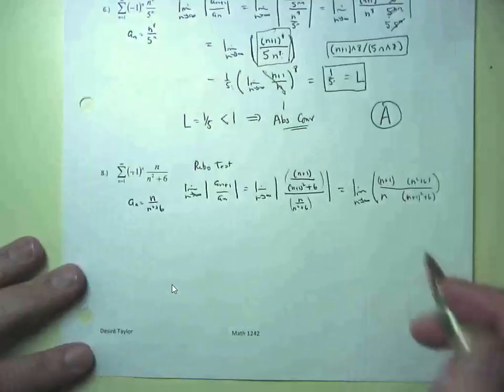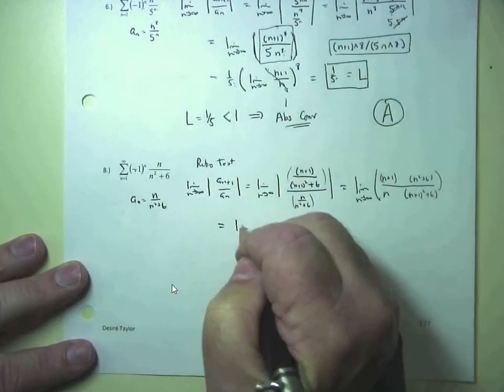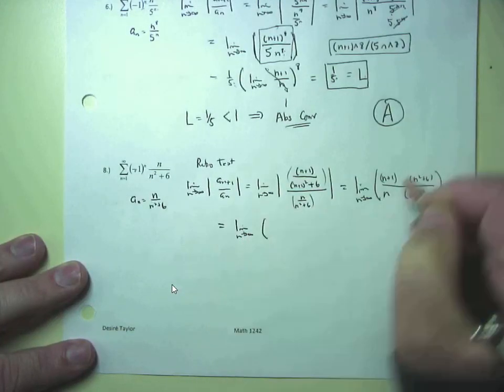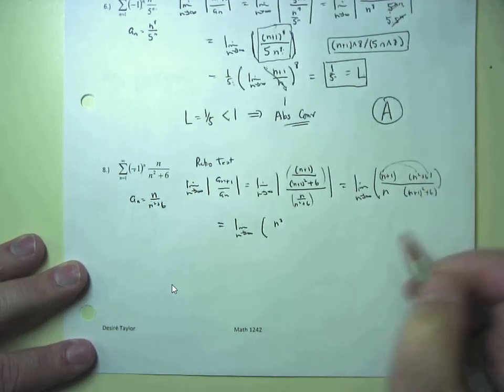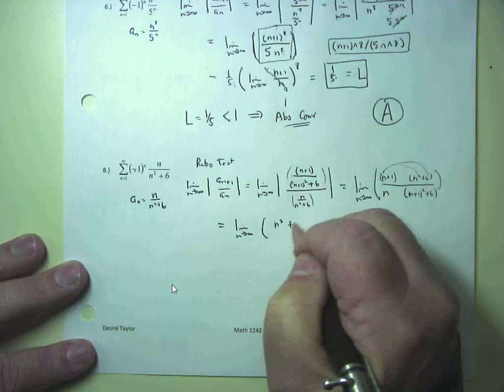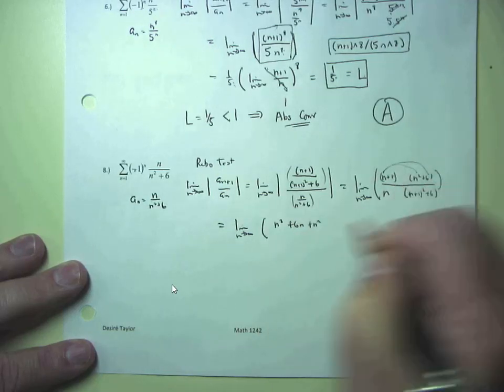If you wanted to clean it up, I could FOIL this top part out, so this is equal to the limit as n approaches infinity of the top part: n times n squared is n cubed, n times 6 is plus 6n, 1 times n squared is n squared, and 1 times 6 is 6.